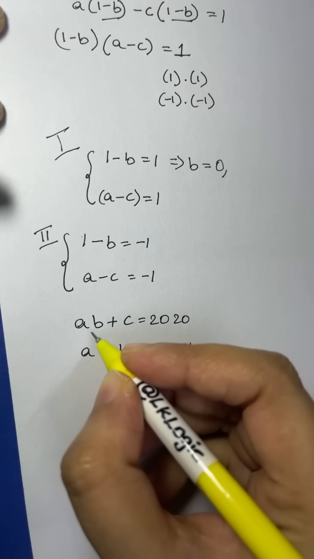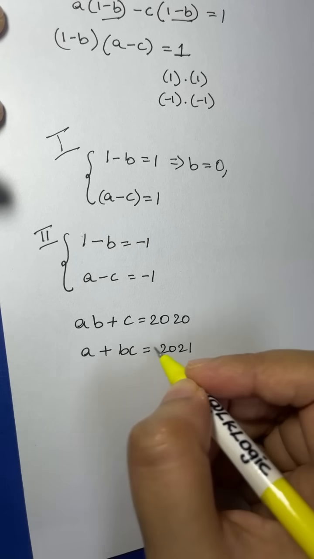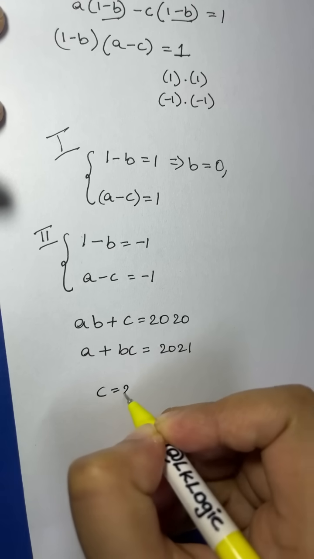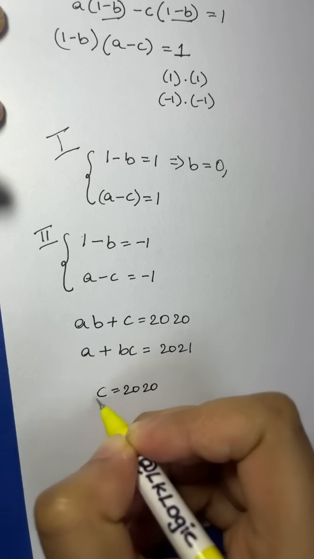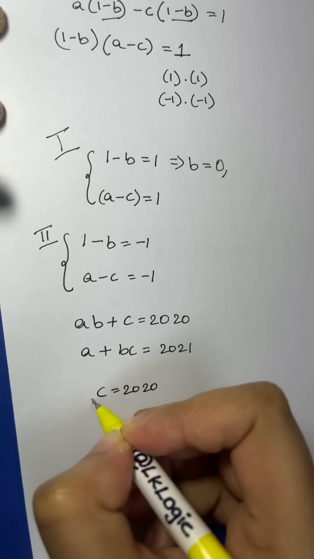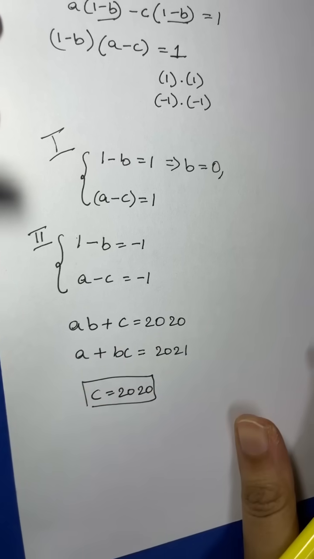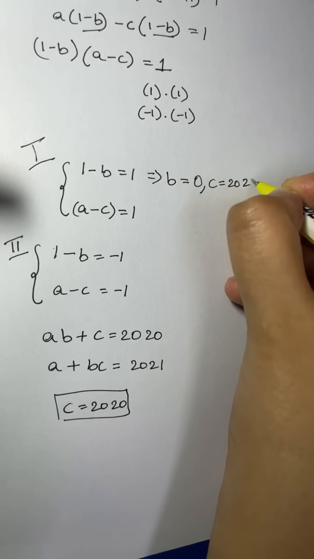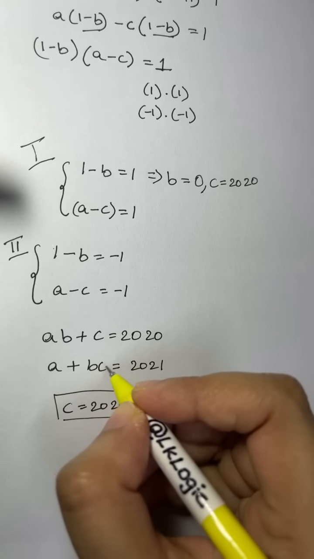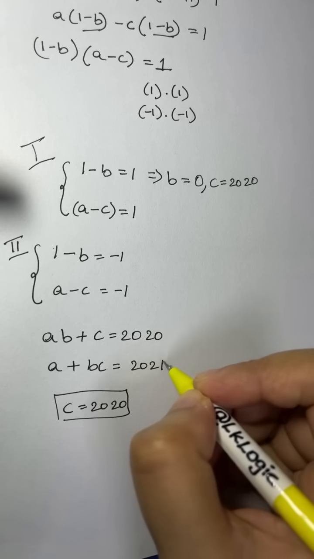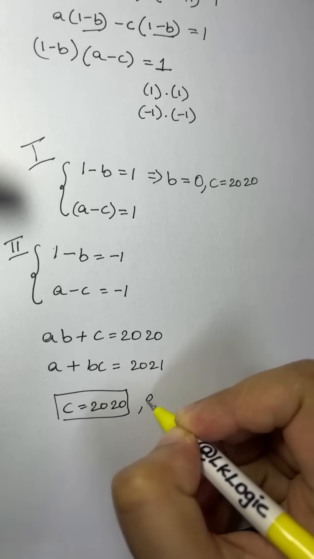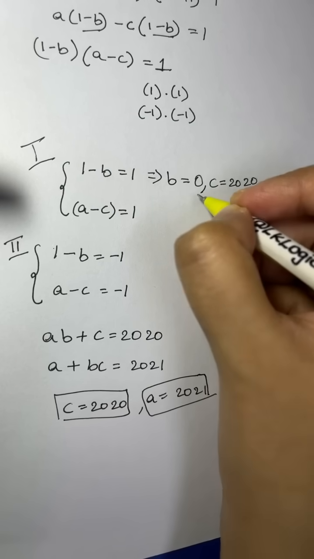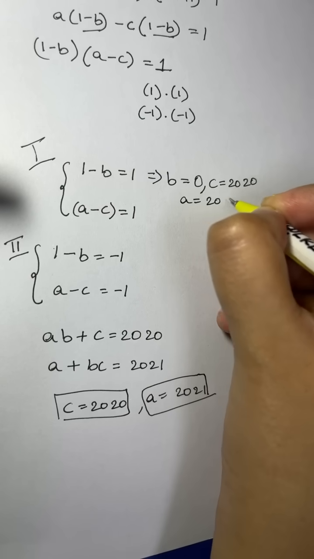Now let's substitute B equals 0 in both the equations. In the first one, we get C is equal to 2020. Now let's substitute in the second equation, B equals 0, so you have A is equal to 2021.